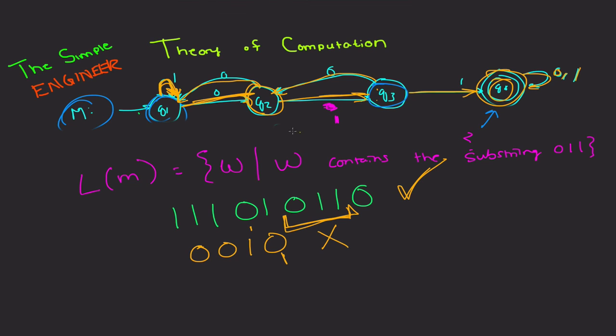Q2 is not accepting. The only accepting state is Q4, so this is not an accepting string by this language or by this DFA.